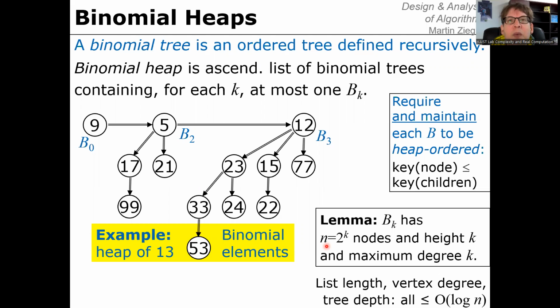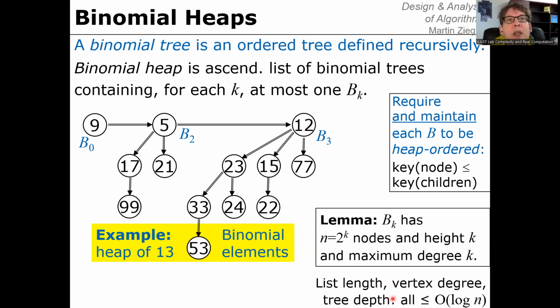So putting things together, we observe that the length of this list here, which is the number of binomial trees in the binomial heap, is at most log n, and the degree of every vertex is at most log n. That's true for all binomial trees in the heap, and that's trivially true for the roots, because this is now just a linked list, so the root degree increases by at most 2, which is a constant and ignored in the logarithm. And the depth, as we observed, is still at most logarithmic.